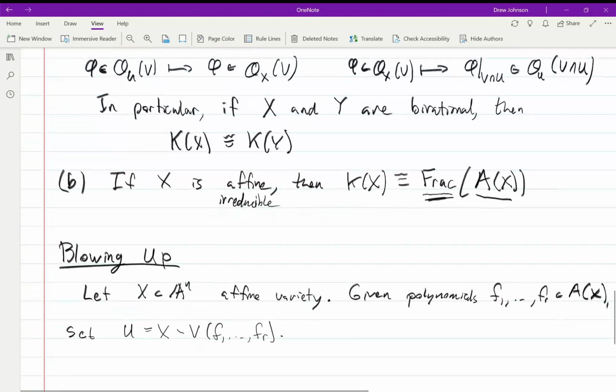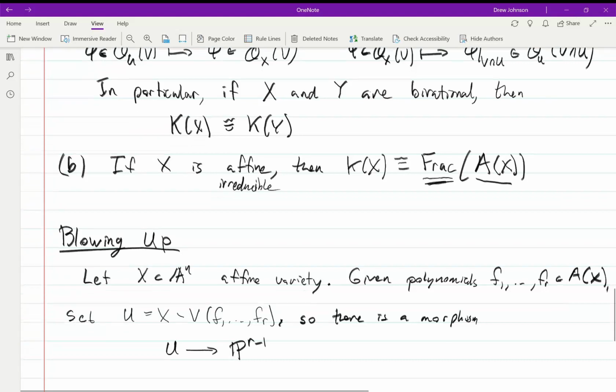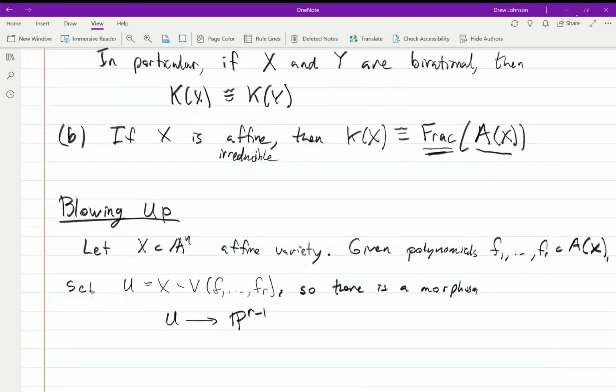Okay, so that means there's a morphism from U to P^(r-1). Okay, we talked about how to construct this morphism in our chapter on projective spaces.